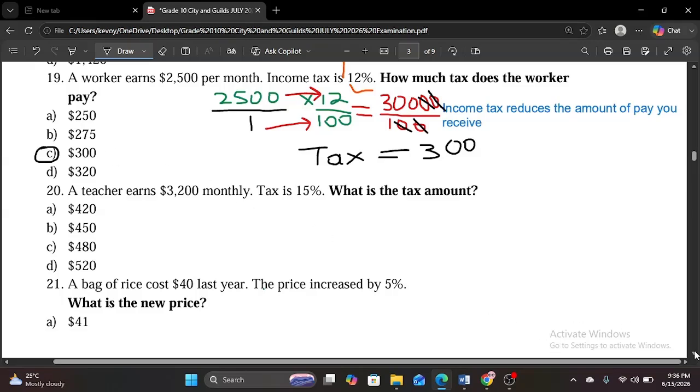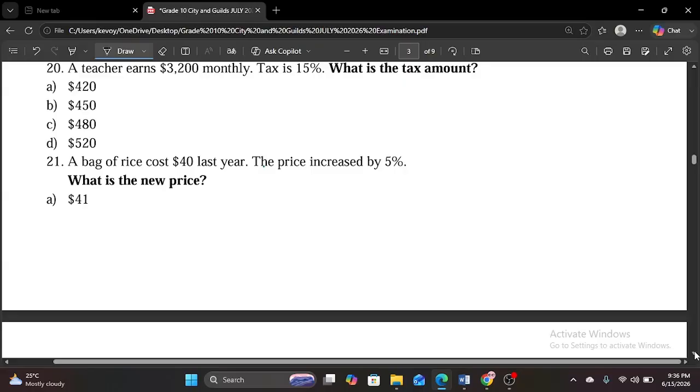All right, so moving on to question 20. So a teacher earns 3,200 monthly. What is 15%? It asks us to find the total tax. So what is the total tax? All right, so we're gonna be doing the same thing. So that's gonna be 3,200 multiplied by 15%.